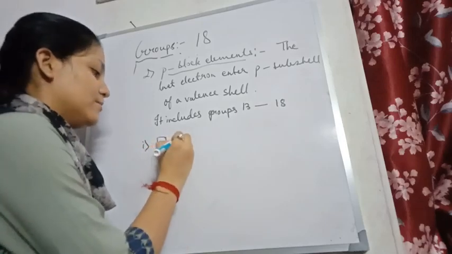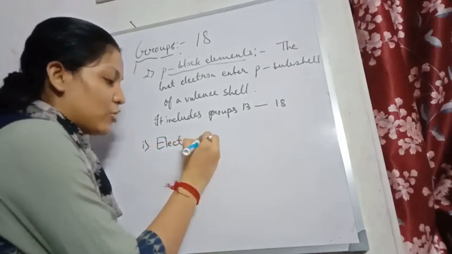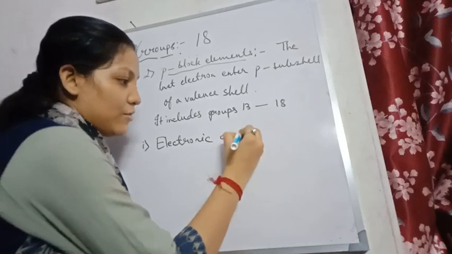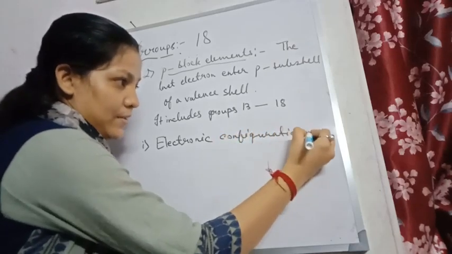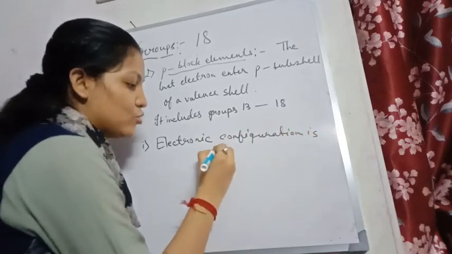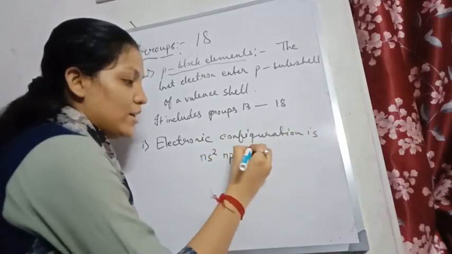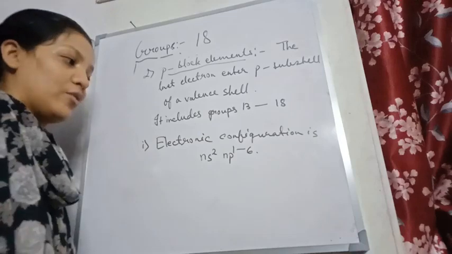Electronic configuration: the general configuration is ns2 np1 to 6. This is again the valence shell configuration.